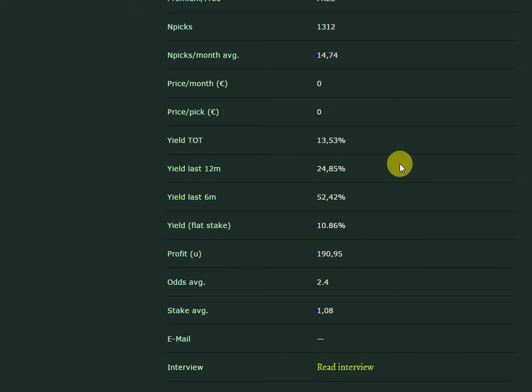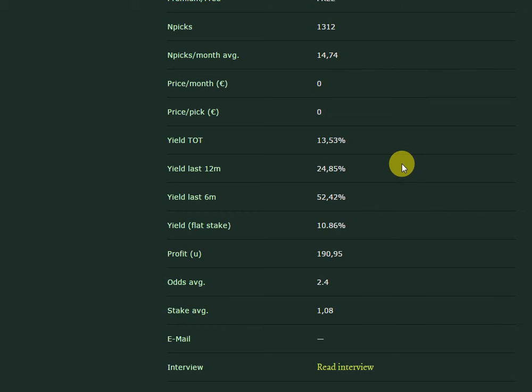And if we zoom into the last 6 months, then yeah, the yield is above 50%. And in the hypothetical case that the tipster would use flat stake, his yield would be about 10 to 11%.